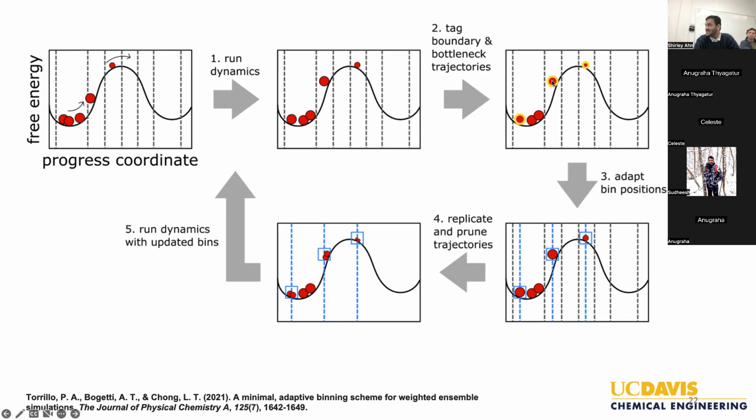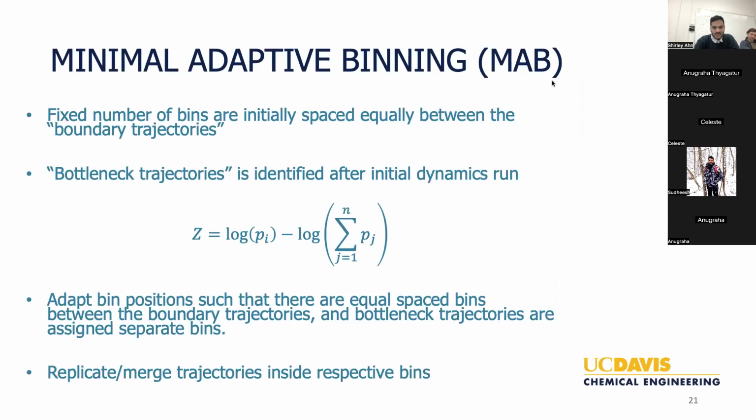Yeah, so the bottleneck trajectories are those trajectories which have the function z, which is defined as log of pi, where pi is the probabilistic weight assigned to that particular trajectory, minus the log of the summation of pj, where summation pj is the summation of all the probabilities which have a higher progress coordinate than the bottleneck trajectory.